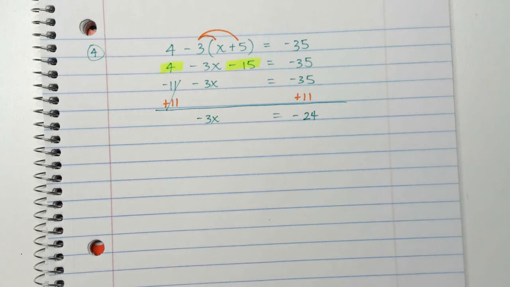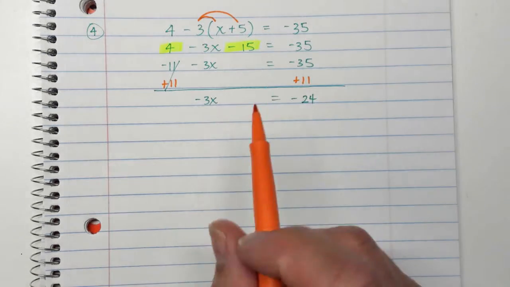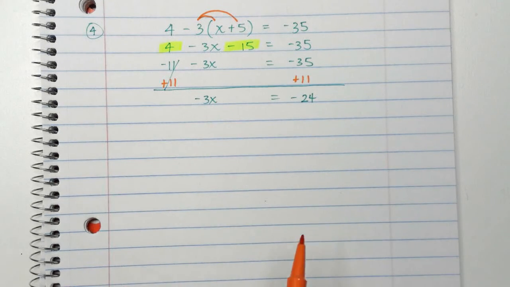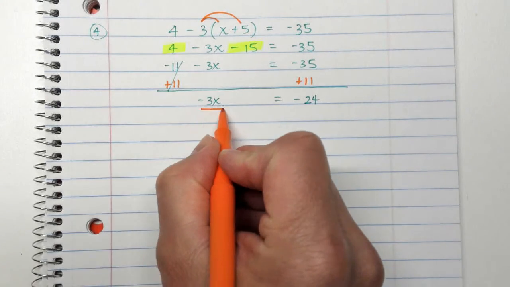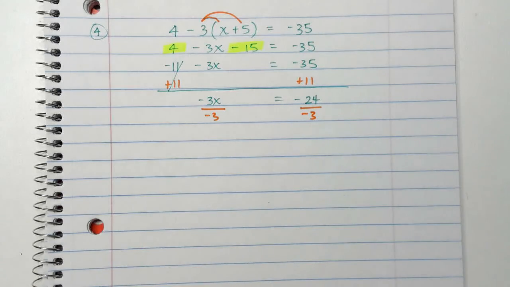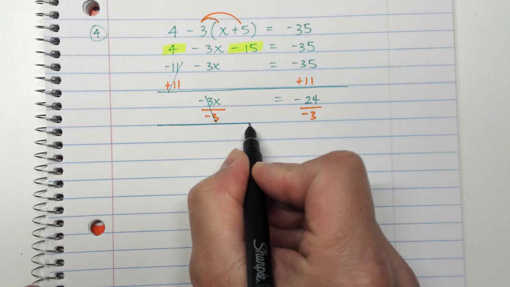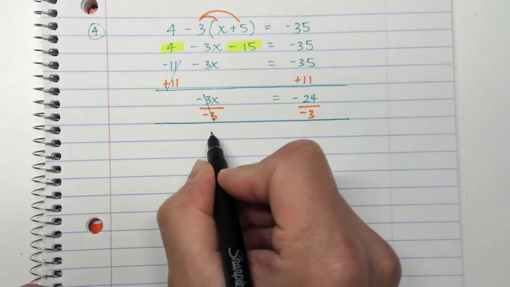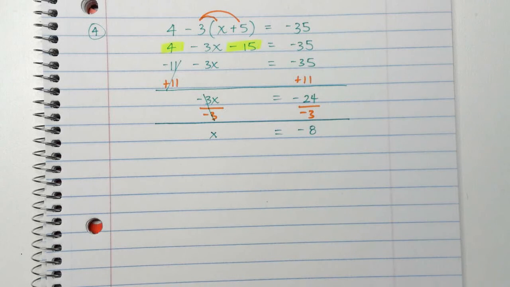Then you divide by, I'm going to use a fancy word that you learned in class today, the coefficient of x, which is just the number in front of the x, which is a negative 3. Divide by negative 3. That equals 1. x equals negative 8. Done.